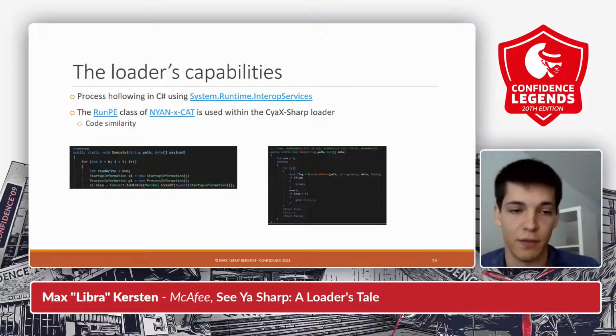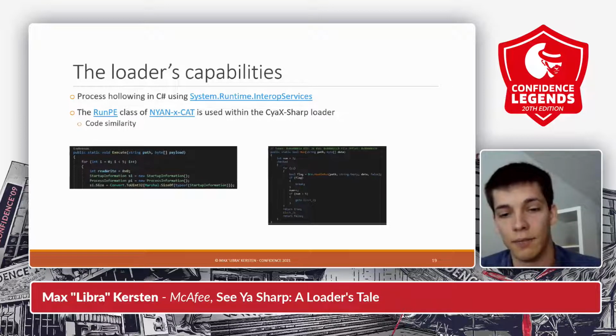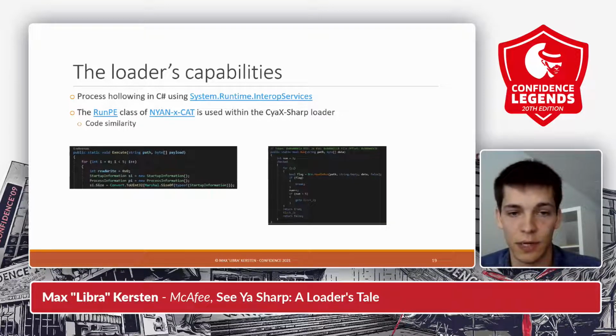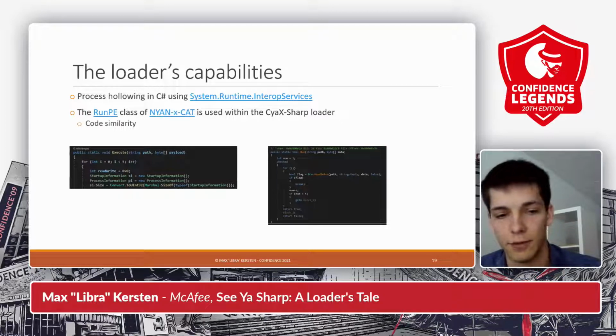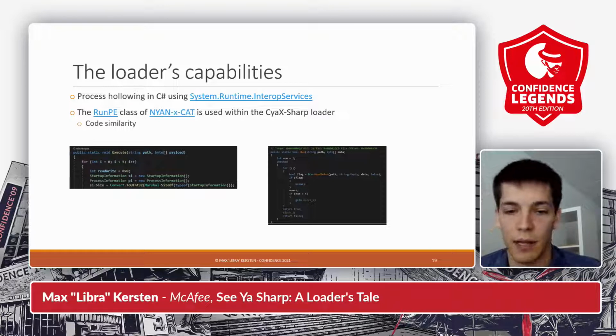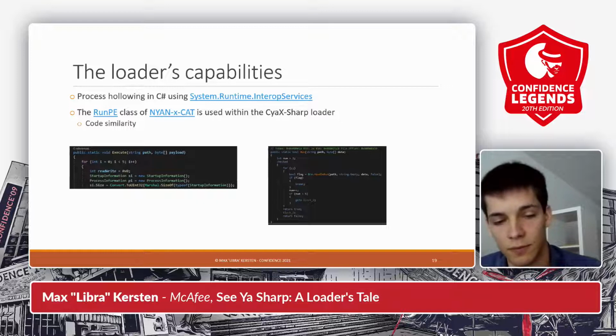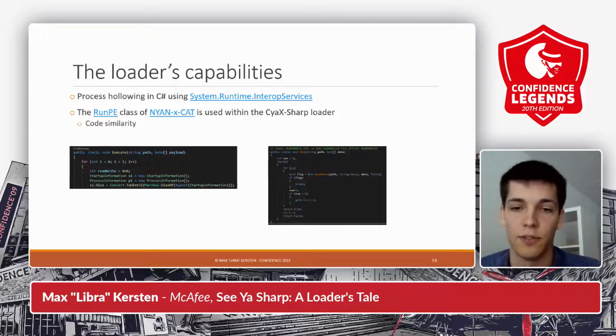The class itself, based on the code similarity, we trace back to the RunPE class of nixcat on GitHub. Even though the compiled code looks slightly different on the right than the GitHub version on the left, we can clearly see the for loop, which tries 5 times to start the sample.